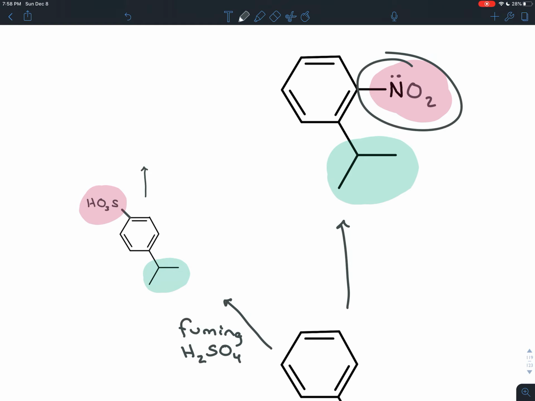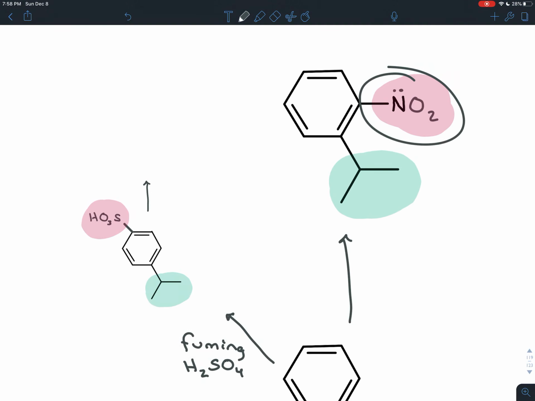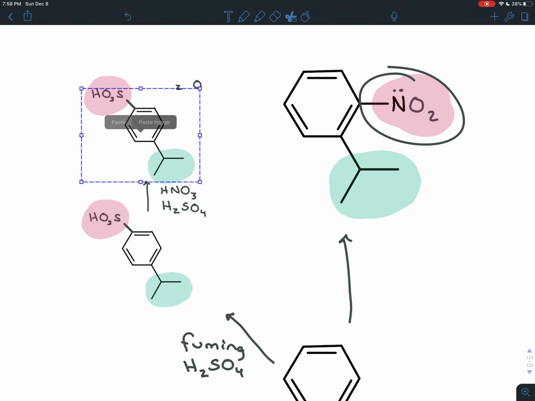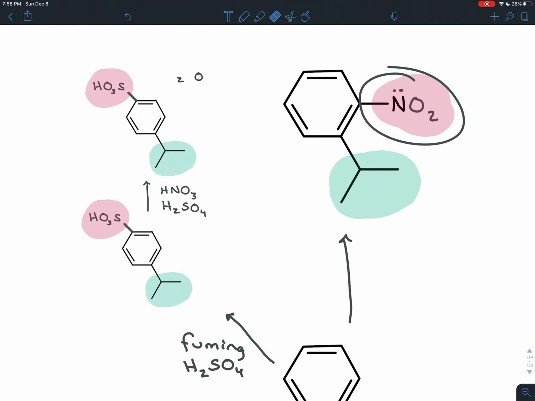So this is an ortho-para director, and so any other branch we add onto this will add ortho-para to that branch. So if we do the nitration now, and we add nitric acid and sulfuric acid, the nitro group will have no choice. The para position is not open for business. It has to add on the ortho position.